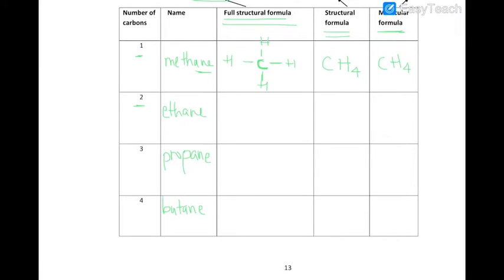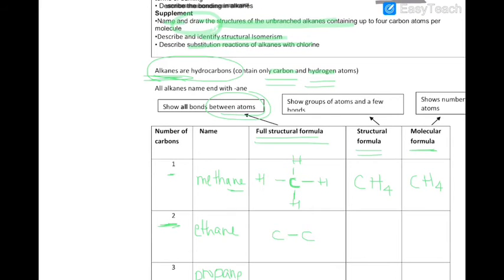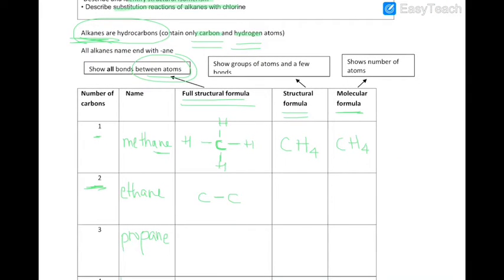Let's see ethane. Ethane has 2 carbons, bonded to each other with a single bond. It's an alkane, and alkanes have all single bonds. And the rest of the bonds are going to be hydrogen. Carbon needs to form 4 bonds. So 1, 2, 3 are already formed with hydrogen, and the 4th one is with the other carbon.